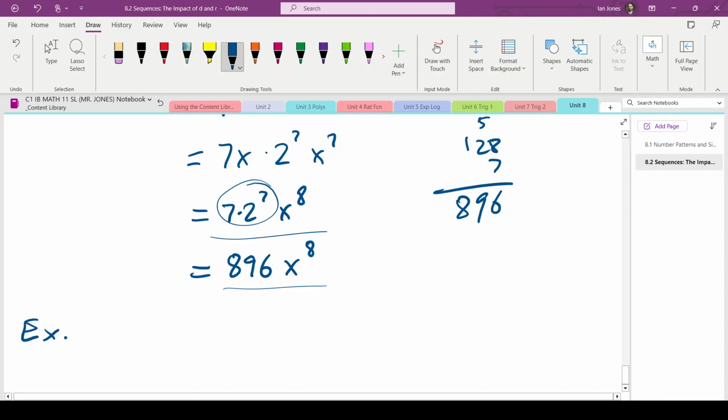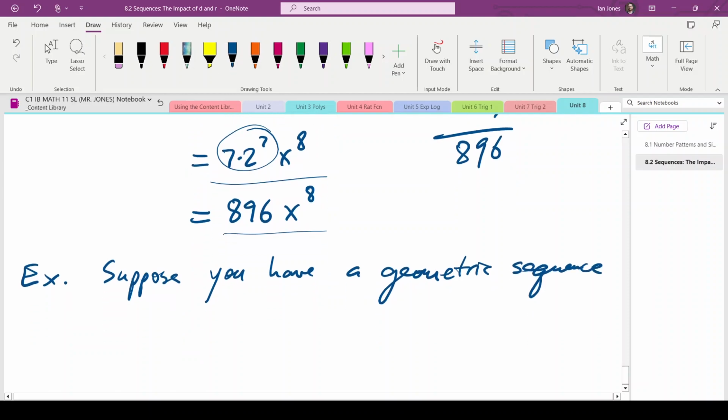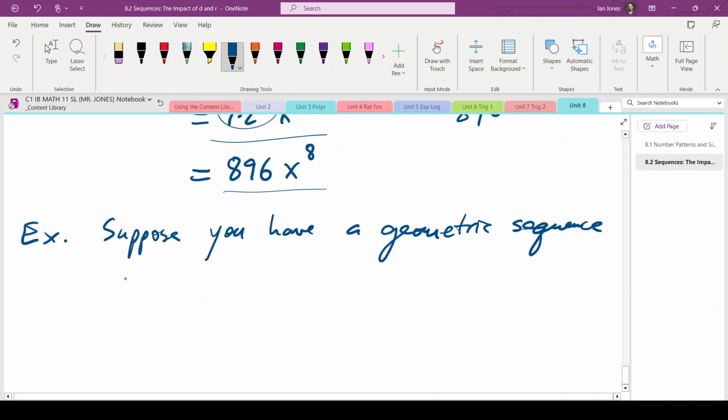Okay. Next example. Let's suppose we have a geometric sequence. We're given that u3, the third term, is 40, and u12, the 12th term, is 454.5.